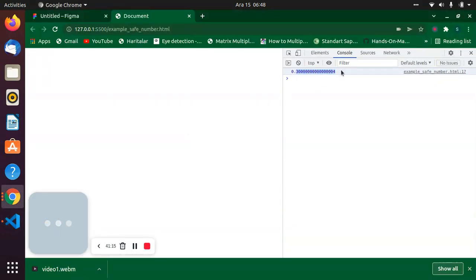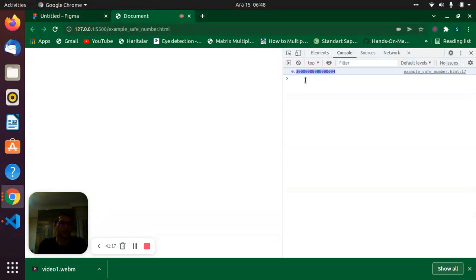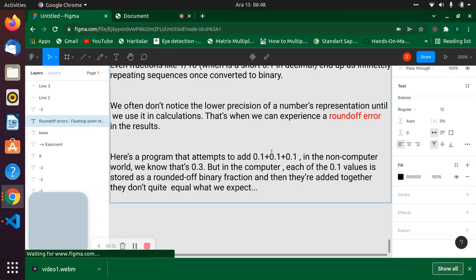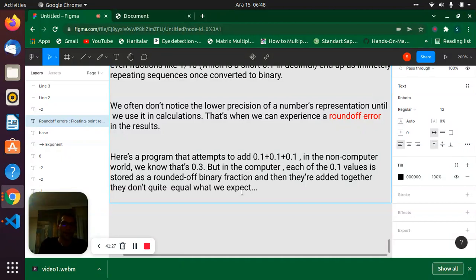Yes, now you will see 0.30000 and then a 4 staying at the end. So our expectation is not that; it's not the same, it's not equal. But in the normal non-computer world, we just accept it as 0.3.